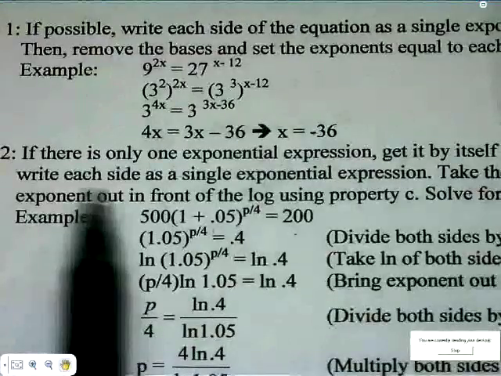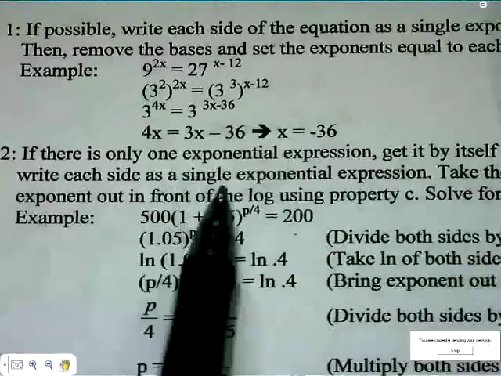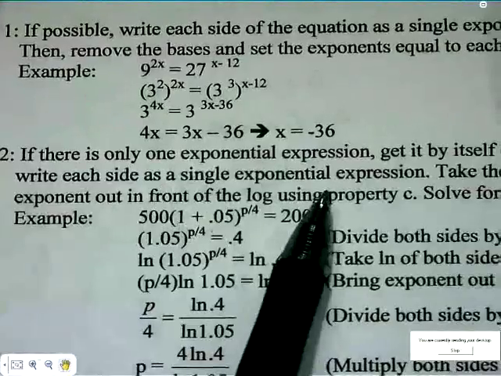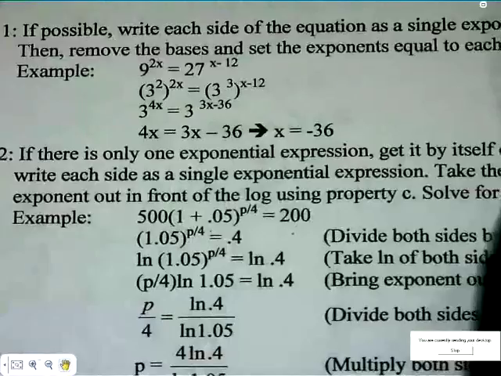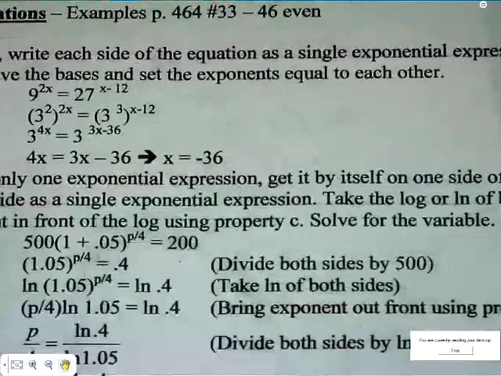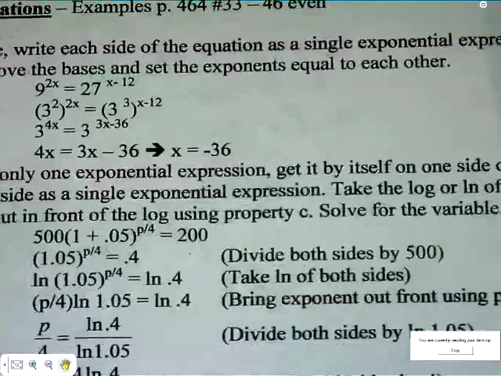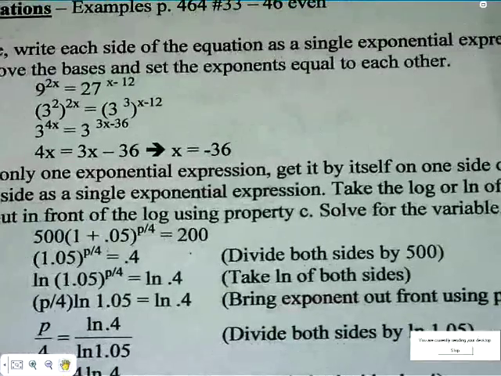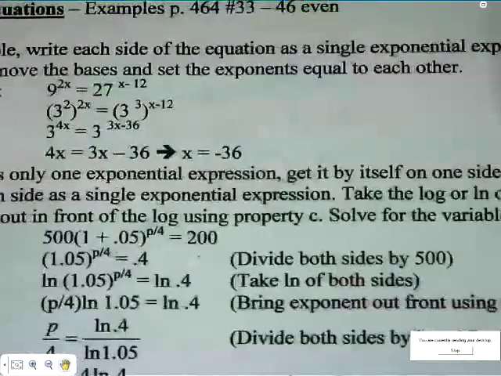Otherwise, write each side as a single exponential expression. Take the log or natural log of both sides, bring the exponent out front, and then solve for the variable. That makes no sense until you see an example. May make no sense until you see 2 or 3 examples.